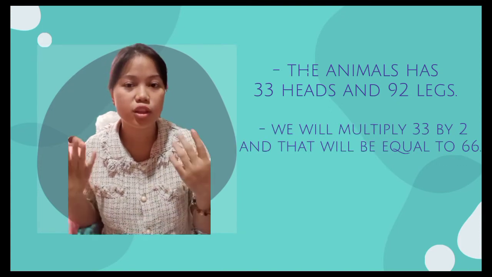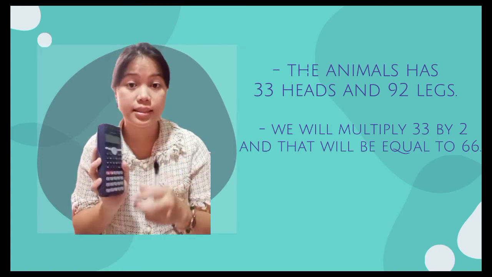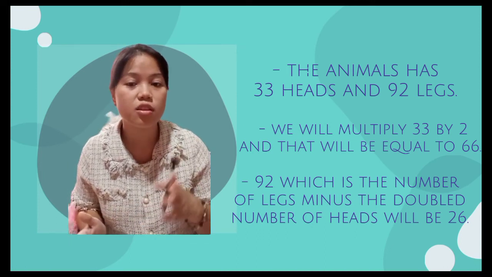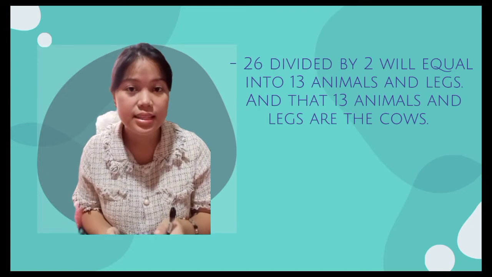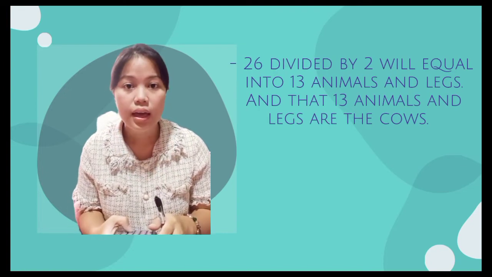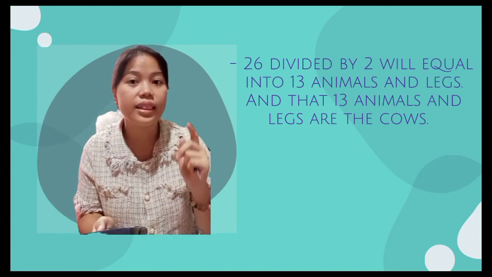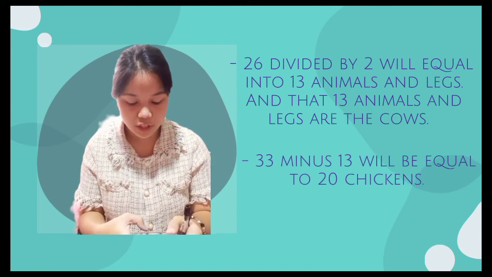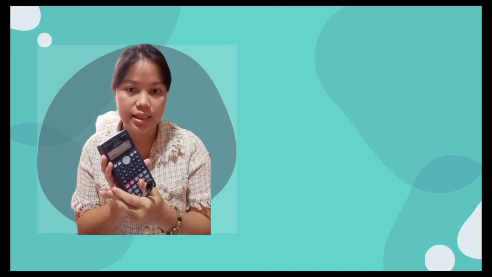We will multiply 33 by 2 and that will be equal to 66. 92, which is the number of legs, minus the doubled number of heads will be 26. And then 26 divided by 2 will equal 13 animals with 4 legs. And those 13 animals are the cows. Now 33 minus 13 will be equal to 20 chickens.